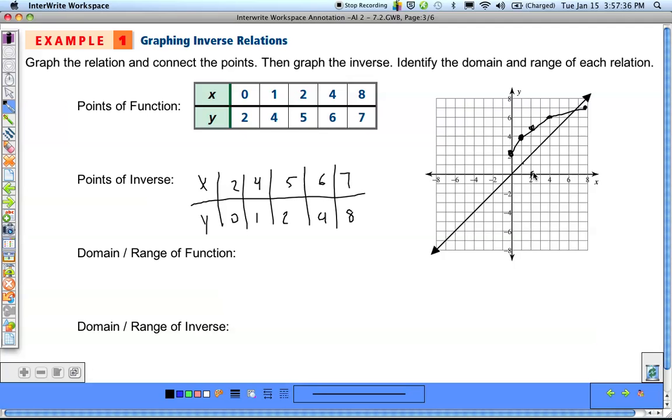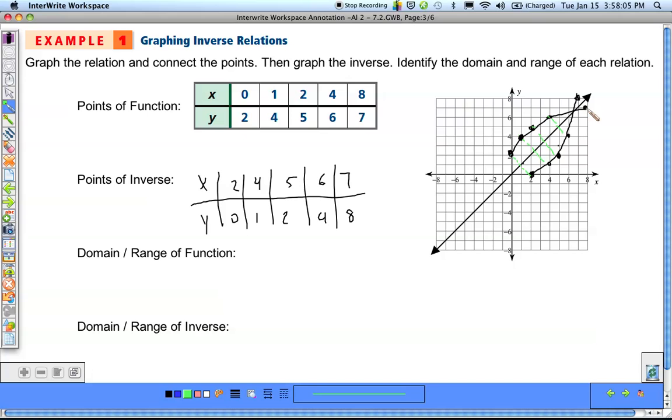So the point 2, 0 is right there, the point 4, 1, 5, 2, 6, 4, and 7, 8. We draw a curve through that, and if we take a look, each one of these points is really getting reflected across this line.